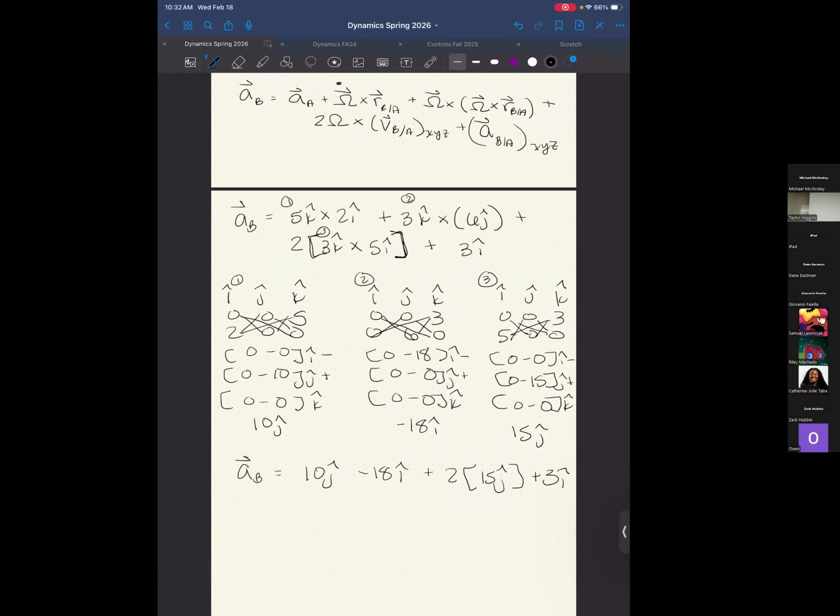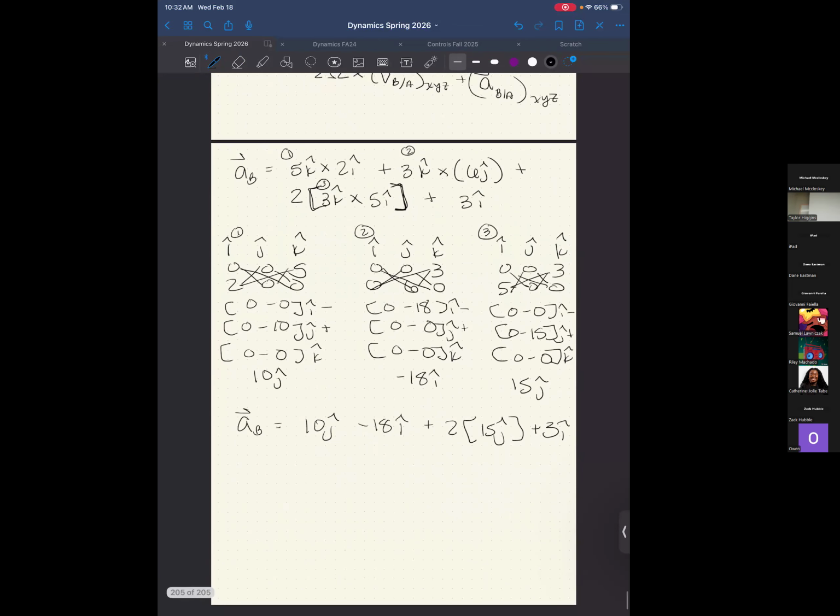Okay, just to confirm, you can do it both ways. Okay, so what are all my J's? It looks like 30 plus 10 is 40J. 15 minus 15I. Let me double check. Yep, we did it.